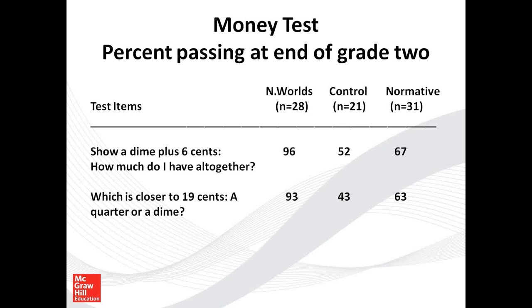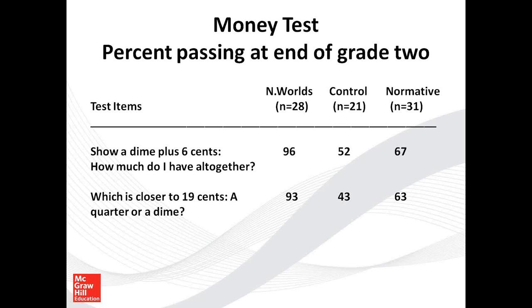The final question I want to show you, students were asked orally, which is closer to 19 cents, a quarter or a dime? And once again, the Number Worlds students did wonderfully on this test, as well as most of the other items on this test, as opposed to 2/3 of the normative middle income group, and as opposed to 43% of the control group.